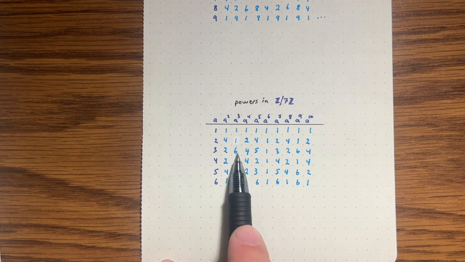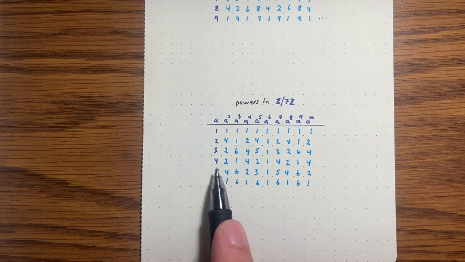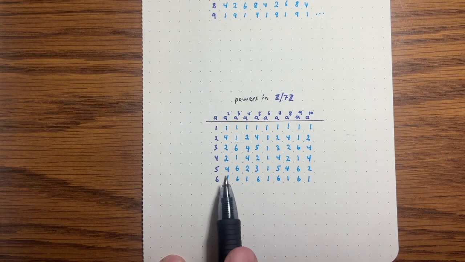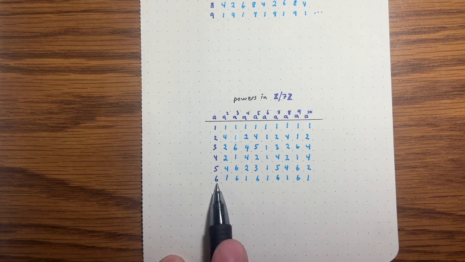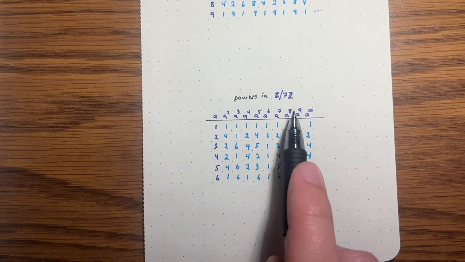So it's a length 6 repeating pattern. We have a length 3 repeating pattern if we start with 4. We also have another length 6 repeating pattern if we start with 5. We have a length 2 repeating pattern if we start with 6. 6 squared is 36, which is congruent to 1 mod 7.